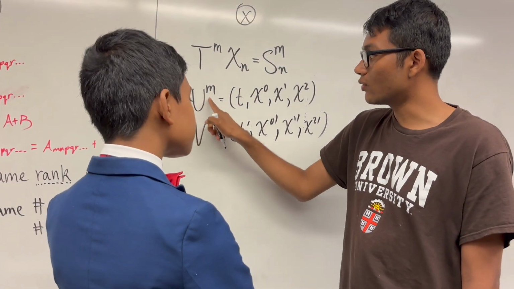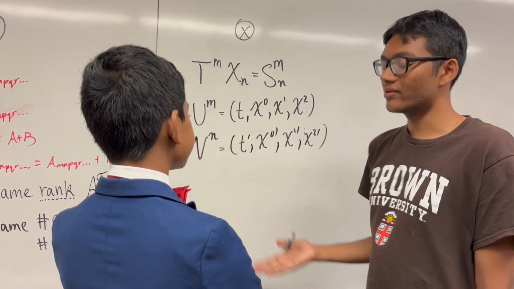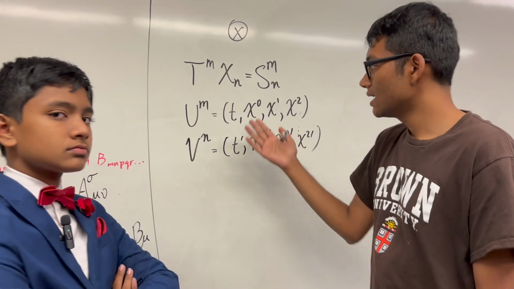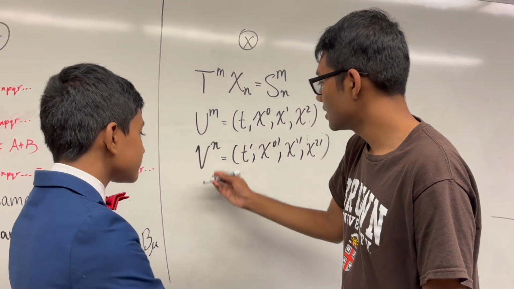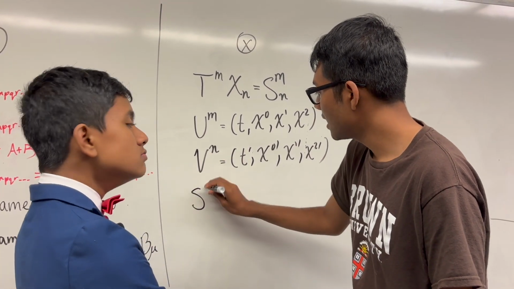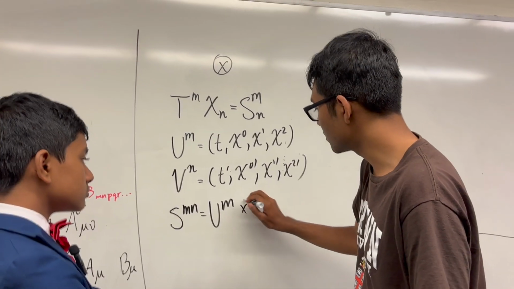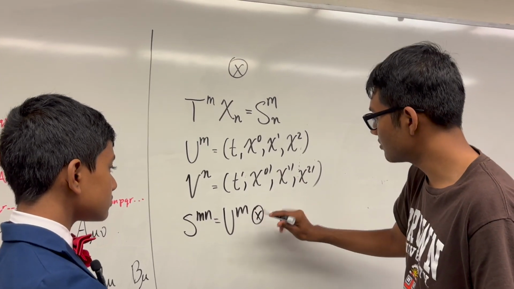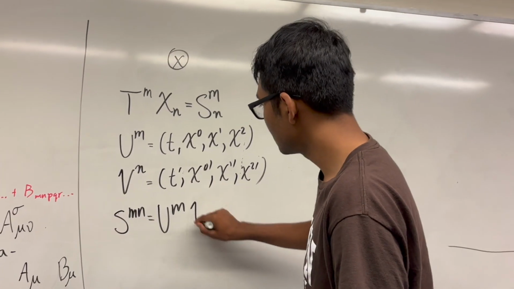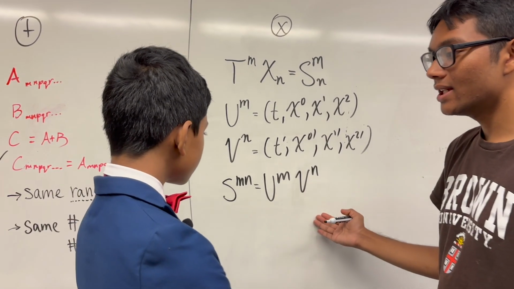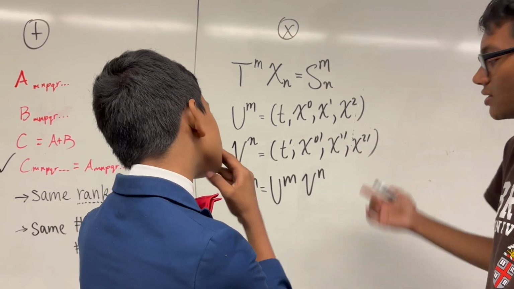That means they only have 1 index, and they both have contravariant indices. And they're 4 vectors because they just have 4 components. Now, if I multiply them, that gives me a new tensor, S with indices M and N. Sometimes people show tensor multiplication by this, but we don't need that.